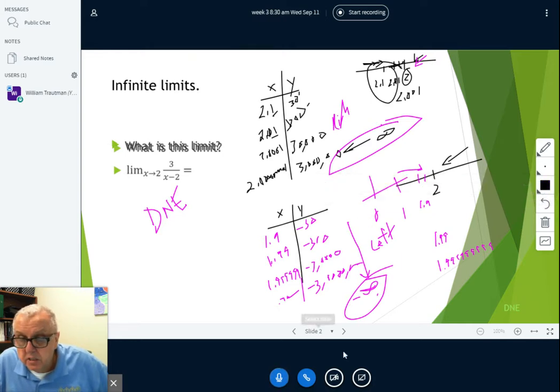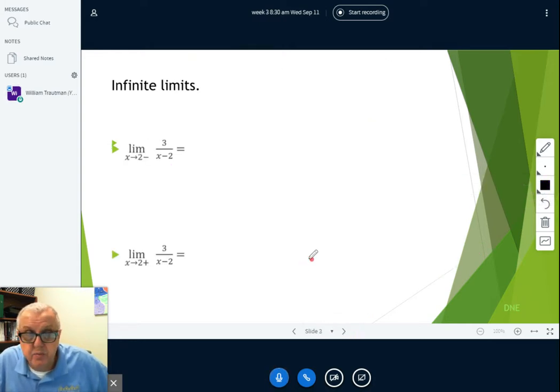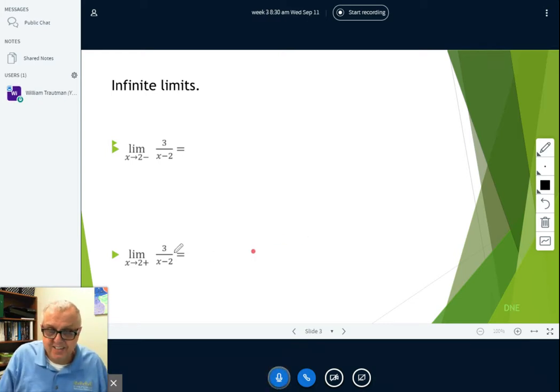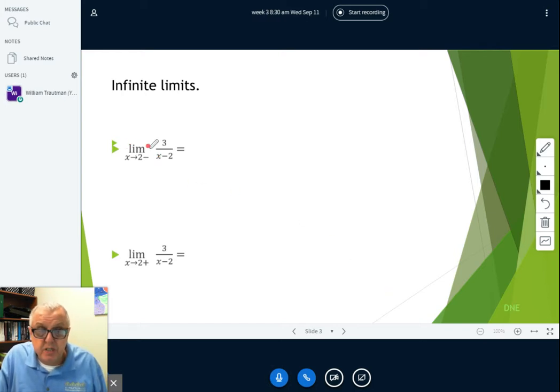Okay. So let's try another one. Here, this is the same thing that we just did. As we approach 2, and if there's a minus sign there, that negative means we're approaching 2 from the left.